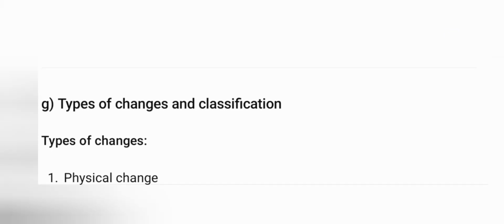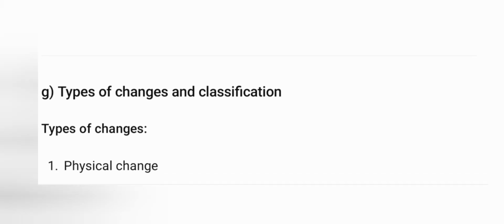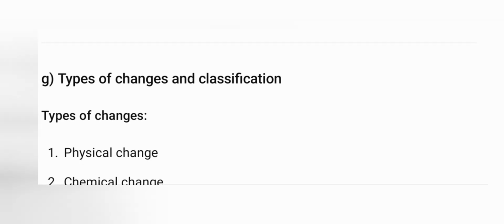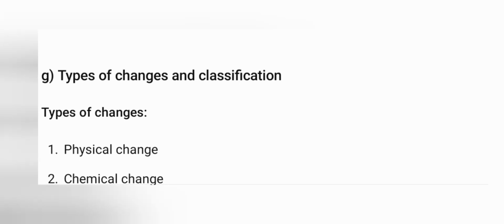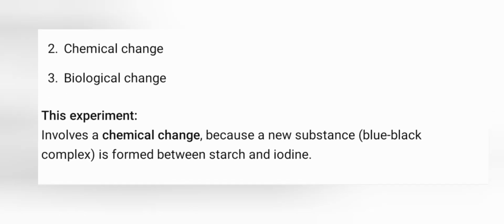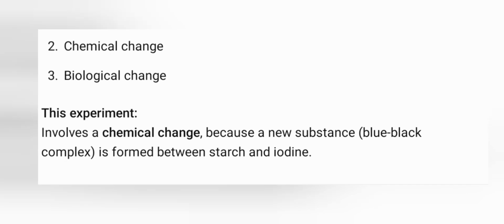Types of changes and classification. Types of change, we have physical change, then chemical change, then biological change. This experiment involves chemical change because a new substance, that is the blue-black complex, is formed between starch and iodine.